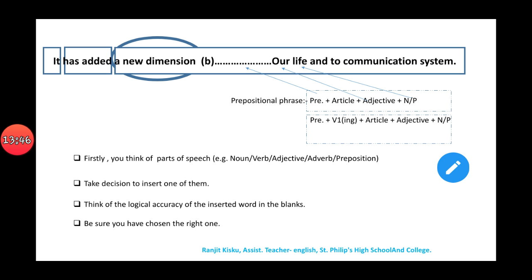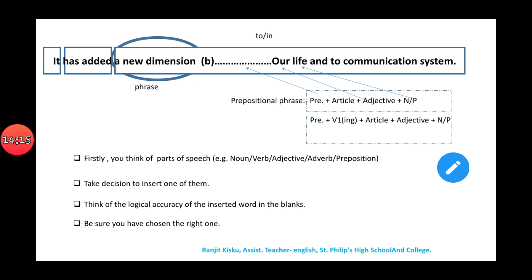First clause, a new dimension, ends with a noun. And we need a second clause. Prepositions, two nouns, life and dimension. We have to make a link between these two. So to make a relationship or link, we need prepositions. So we have to put here a correct preposition.